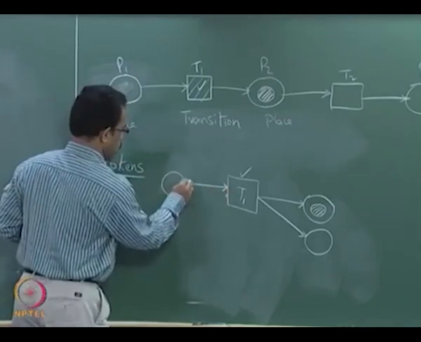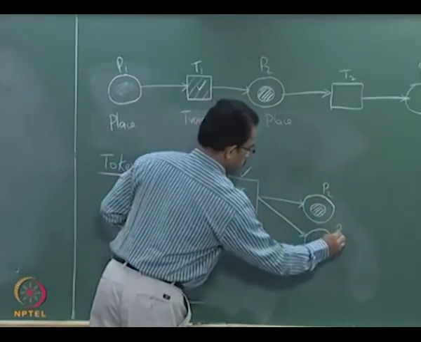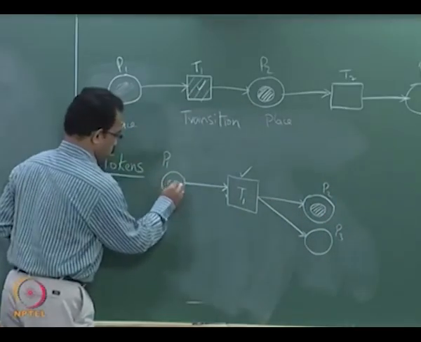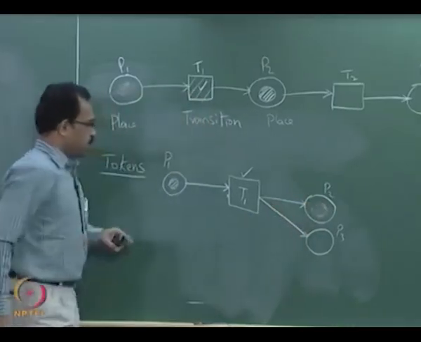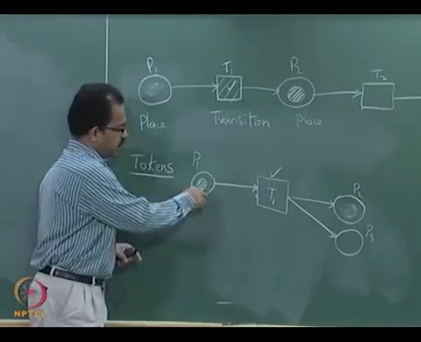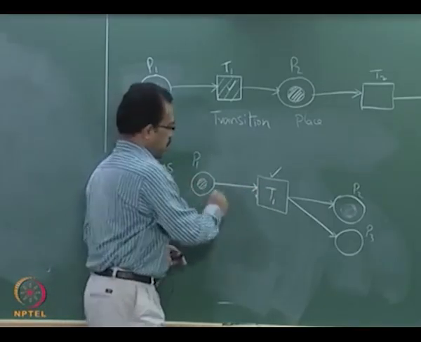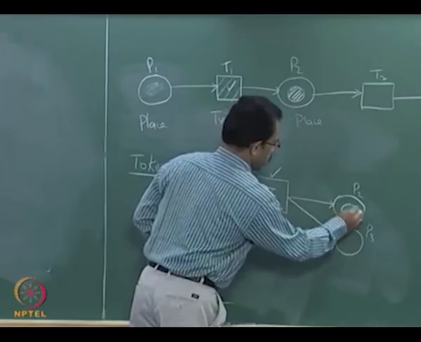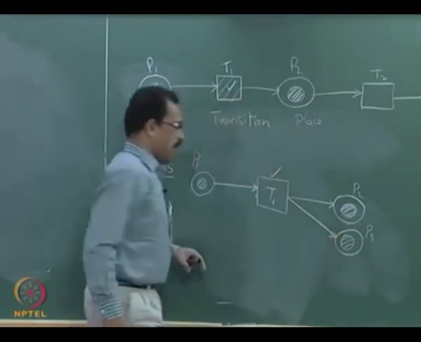We have a place P1 connected to this T1, and to P2 and P3, and if there is a token available here, then we can fire this transition, because the condition is already satisfied. When you fire this transition, both places will be activated.